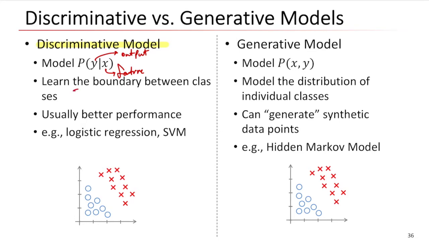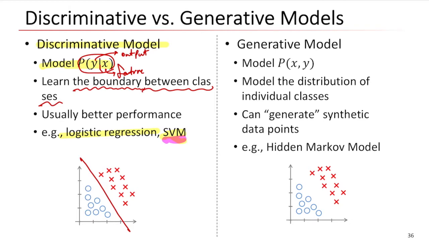To solve this, we train the decision boundary between classes. Examples are logistic regression and the SVM. We haven't learned the SVM yet, but we will learn it next week. Anyway, the discriminative model just trains to find the probability of y given x. So the decision boundary looks like this.